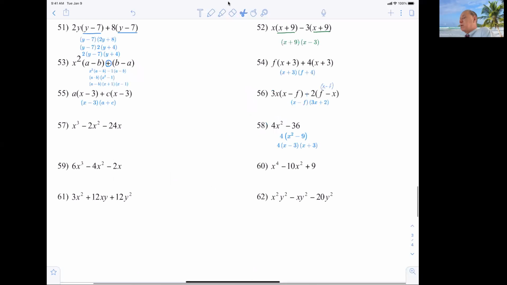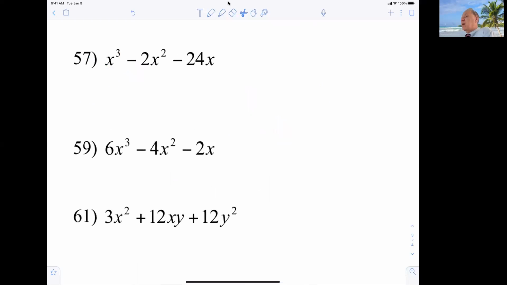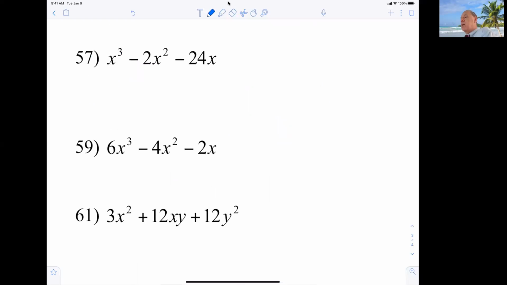All right, so now let's try 57. So what's common? x. So everybody writes down x, and then you're just factoring out, and you end up with that, which is exactly correct.